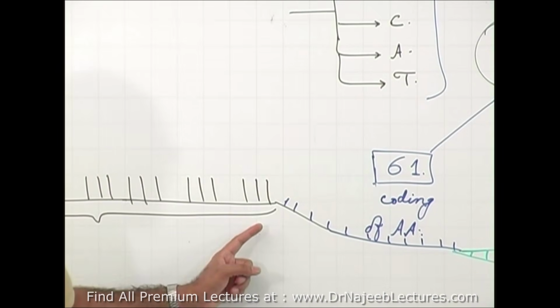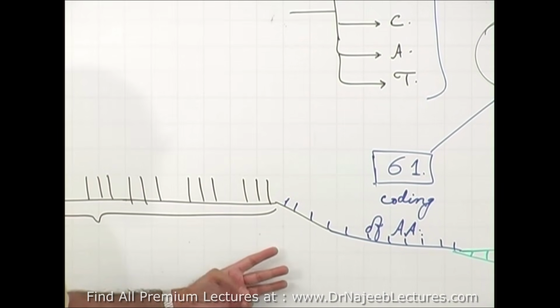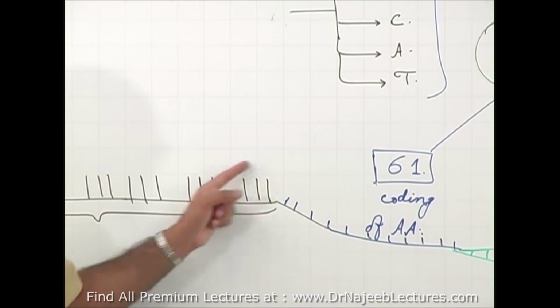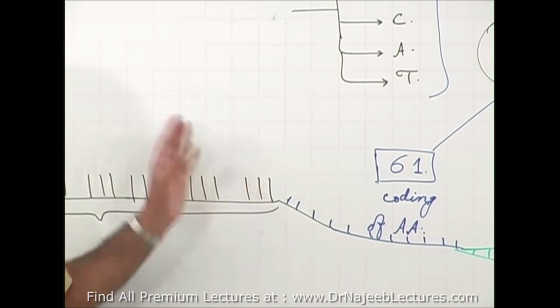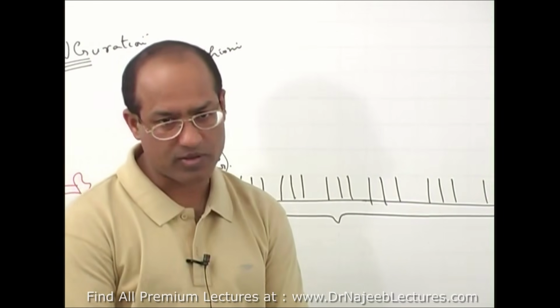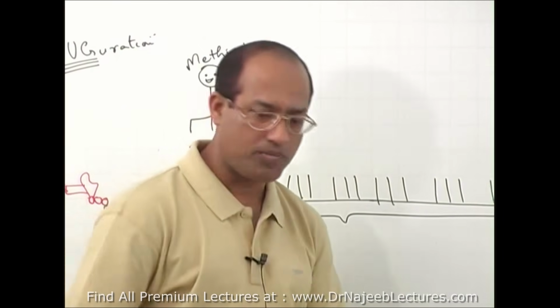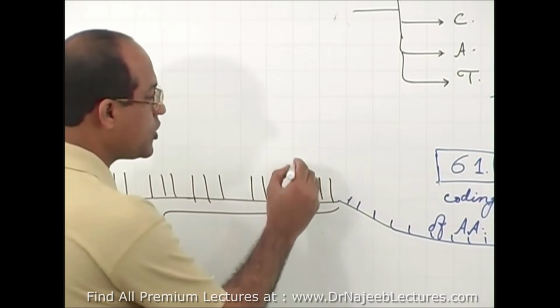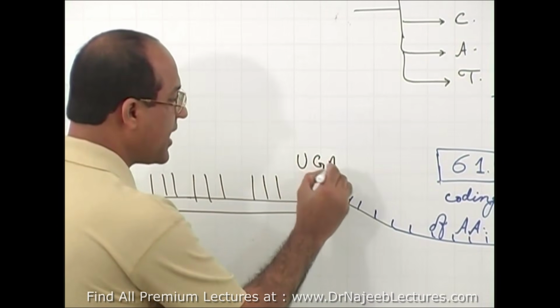In the genetic language, there are 3 types of codon, and any one of those 3 may be present here, which gives a message to transfer RNA not to bring any more amino acid, right? Now, what could be those 3? Number 1, it may be: you go away.